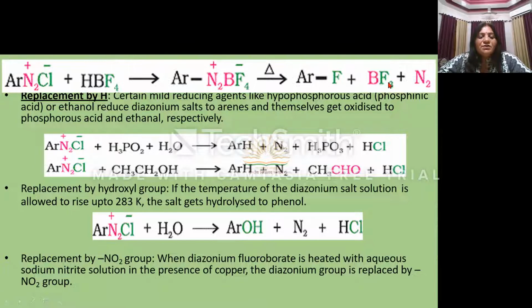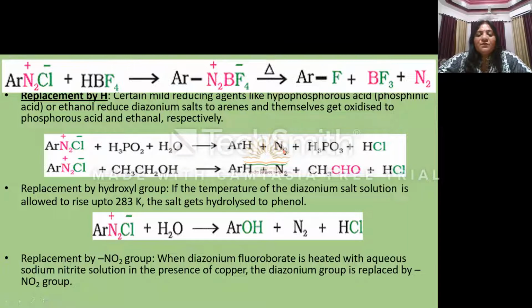Now benzene diazonium chloride reacts with hypophosphorous acid, H3PO2. Phosphorous acid is H3PO3; this is hypophosphorous acid, H3PO2, followed by hydrolysis. Then it gives benzene. Very important conversion from benzene diazonium chloride to benzene, nitrogen, H3PO3.